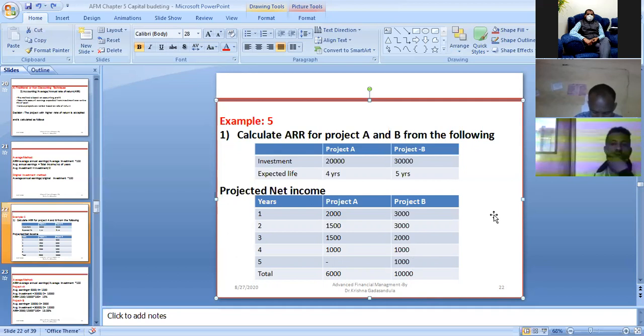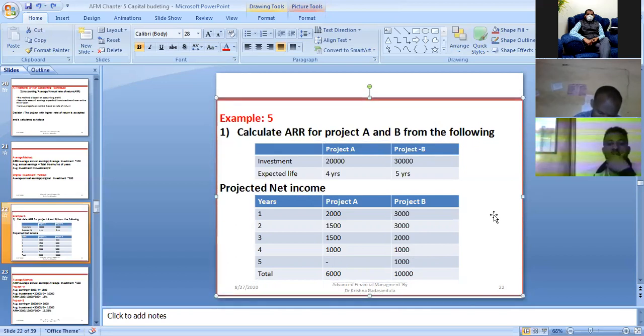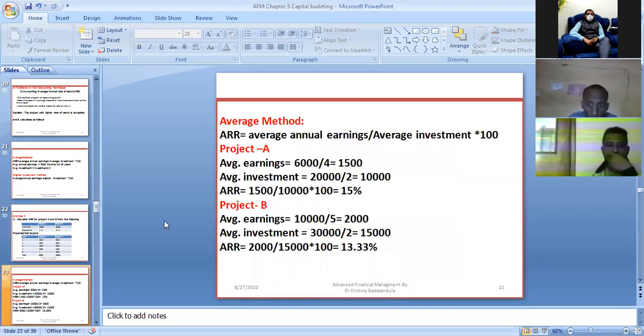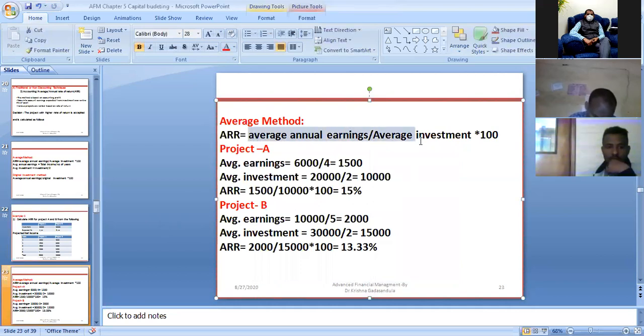Now calculate the rate of return by applying the formula. ARR is equal to average annual earnings by average investment, times 100. For project A, average earnings is earnings by number of years.